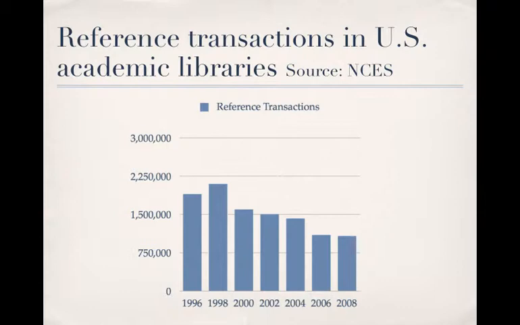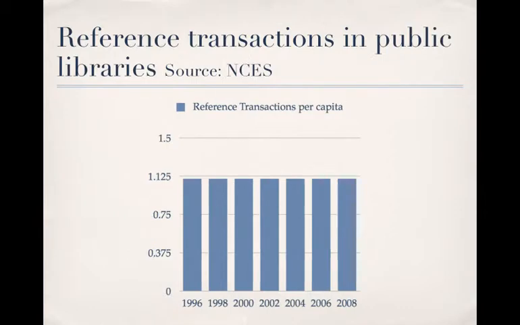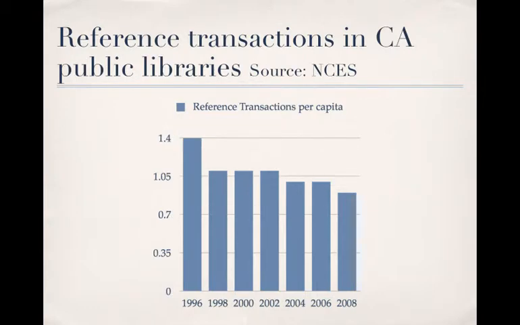And I think 1998 was around the time when the internet became more widely available, and we see this dramatic decline in reference transactions in academic libraries. In public libraries across the country, it's been very flat for the past decade and a half. But if you look at California libraries, there's been a really significant decline. And I know a lot of you are in California.